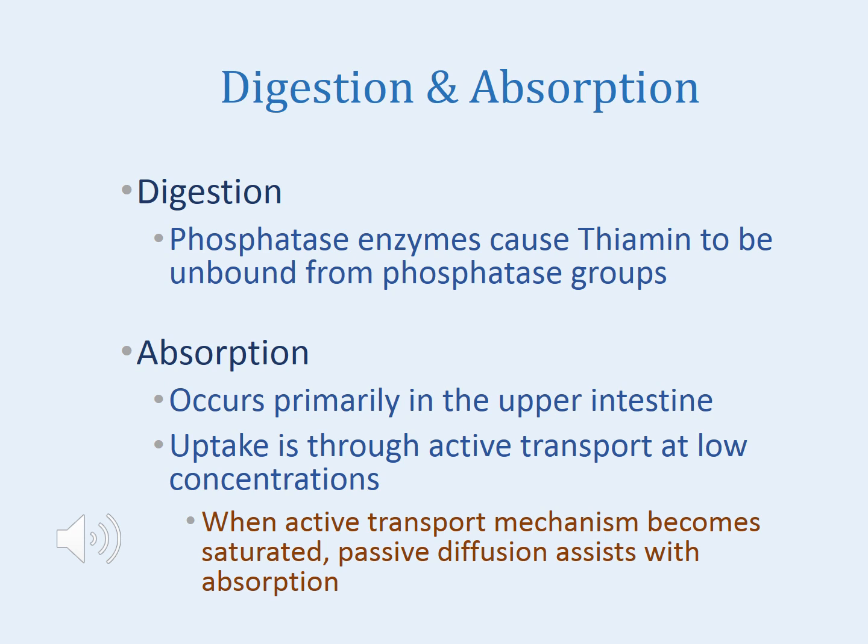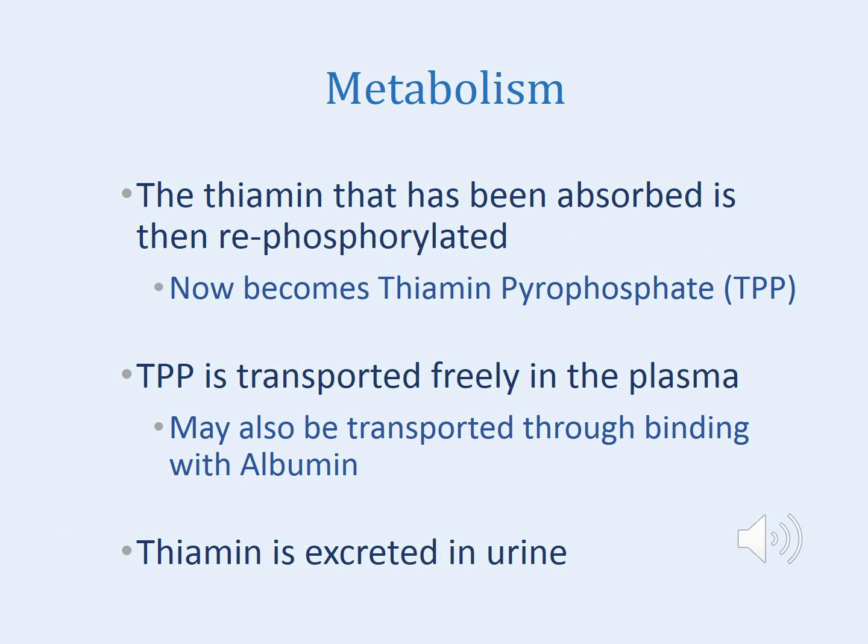Alcohol actually inhibits active but not passive transport, hence why alcoholics can easily become deficient in B1. In terms of metabolism, the thiamine is now rephosphorylated to TPP, the active form of thiamine, and is transported freely in the blood plasma. However, it can also be transported bound to albumin, and thiamine is excreted in the urine.